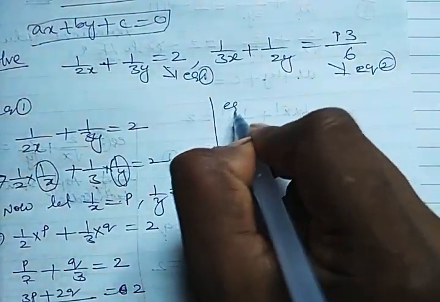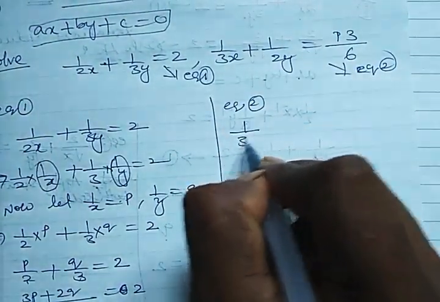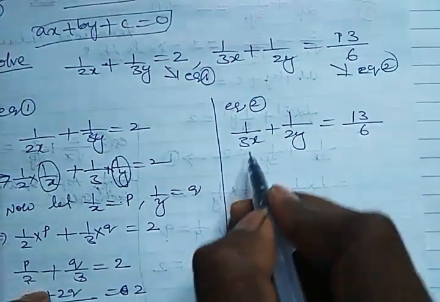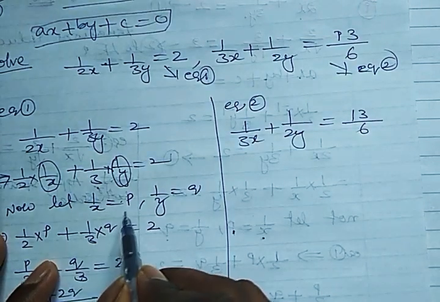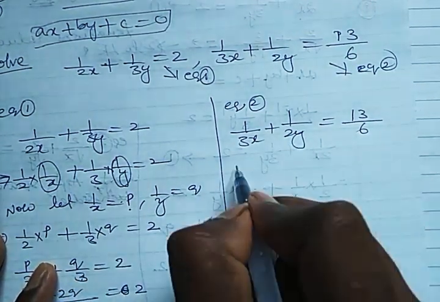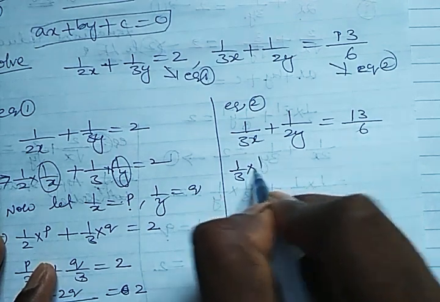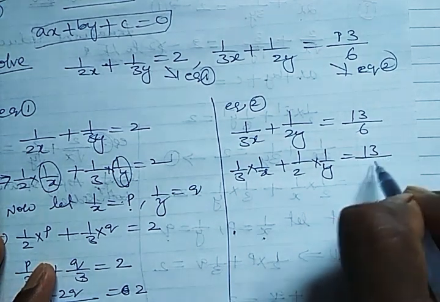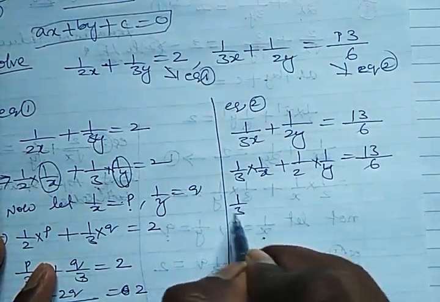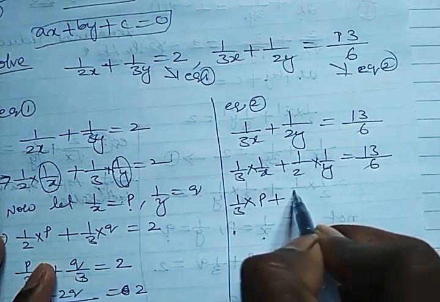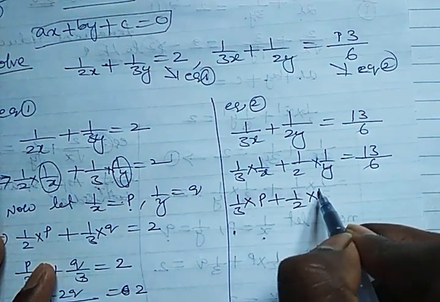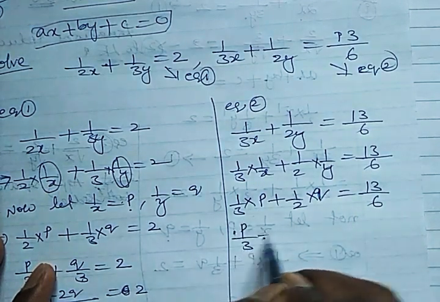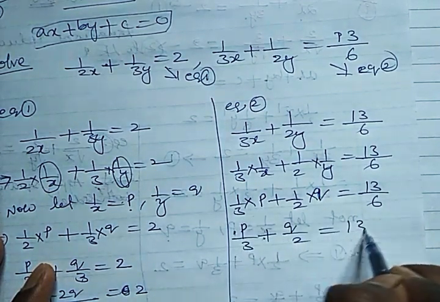Now take the second equation, that is 1 by 3x plus 1 by 2y is equal to 13 by 6. Same here also, as we have considered 1 by x is equal to p, same will be applied here. It is 1 by 3 into 1 by x plus 1 by 2 into 1 by y is equal to 13 by 6, and here 1 by 3 into 1 by x is p, 1 by 2 into 1 by y is q. Then it is p by 3 plus q by 2 is equal to 13 by 6.